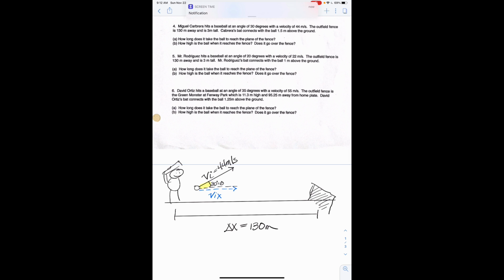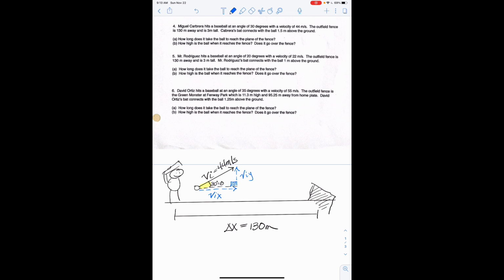So we'll call that VIX, and call this VIY. And because this is an x component and a y component, the angle between them is 90 degrees. Also notice that I put the two components head to tail.